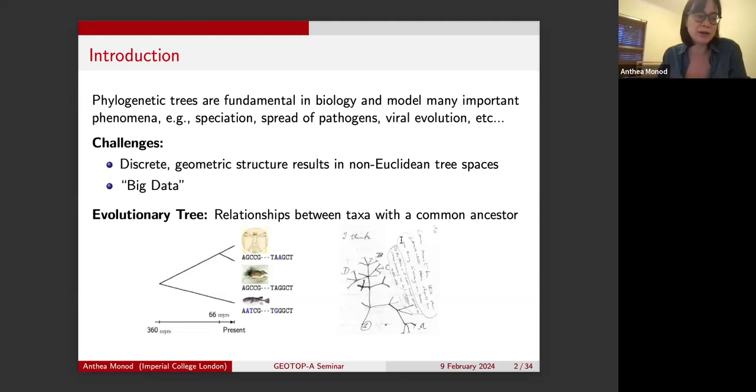So we would definitely be working in a big data context here. Essentially it's an evolutionary tree where the relationships between taxa are related by a common ancestor, from which we have divergent evolution, and all this relationship is documented in this tree.